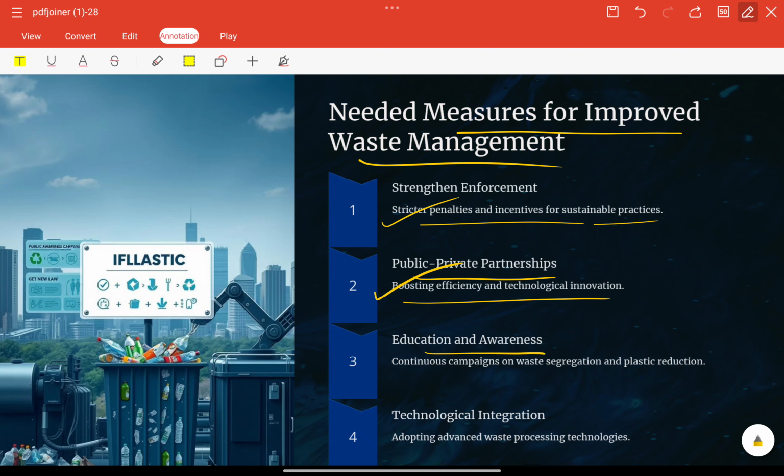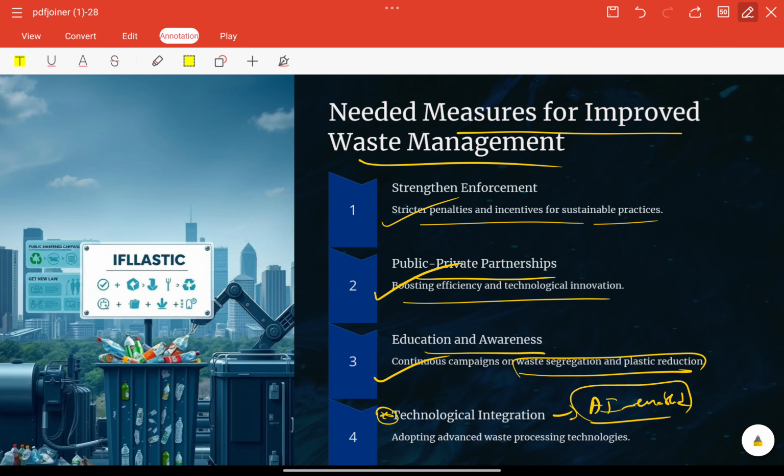Next, education and awareness is very important, with continuous education campaigns on waste segregation and plastic reduction. Finally, technological integration, because here we can add AI, artificial intelligence enabled waste sorting and better recycling infrastructure, right? That needs to be included here, a very important point.